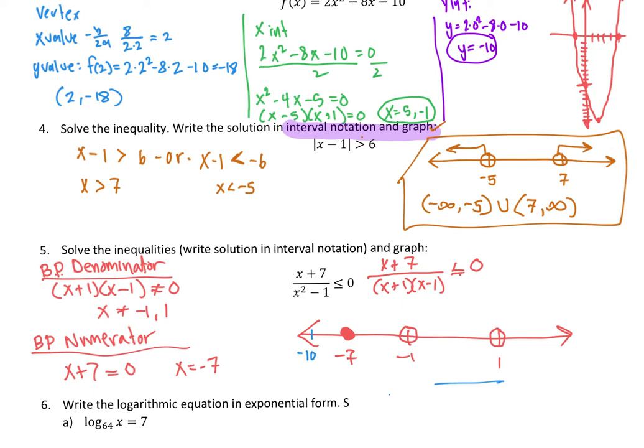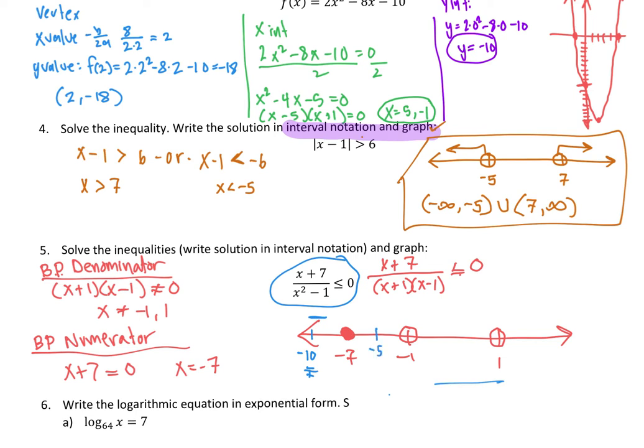I'm going to plug -10 into this original inequality. -10 plus 7 is -3. -10 squared is 100 minus 1 is positive 99. So a negative over a positive is a negative. So that entire region to the left of -7 is a negative region. Its y value is negative based off of its x value.